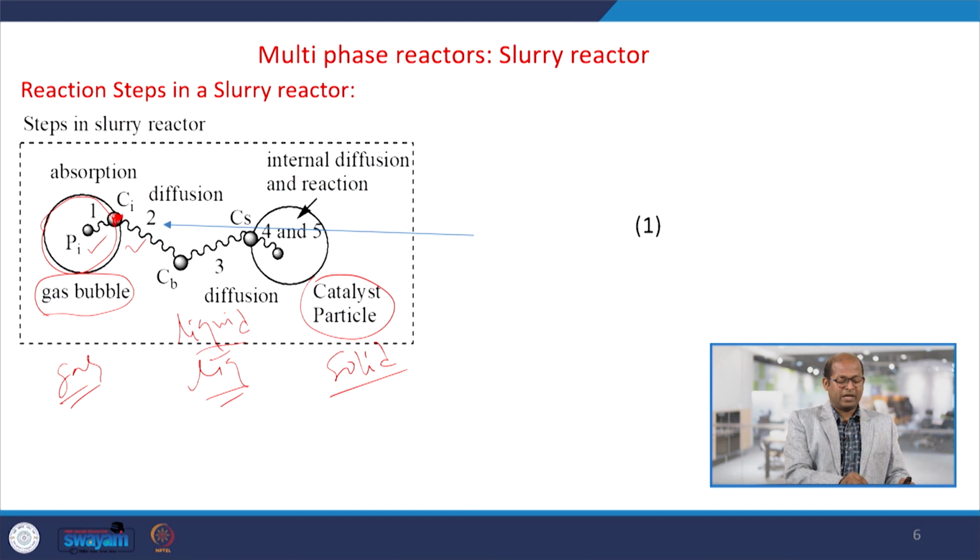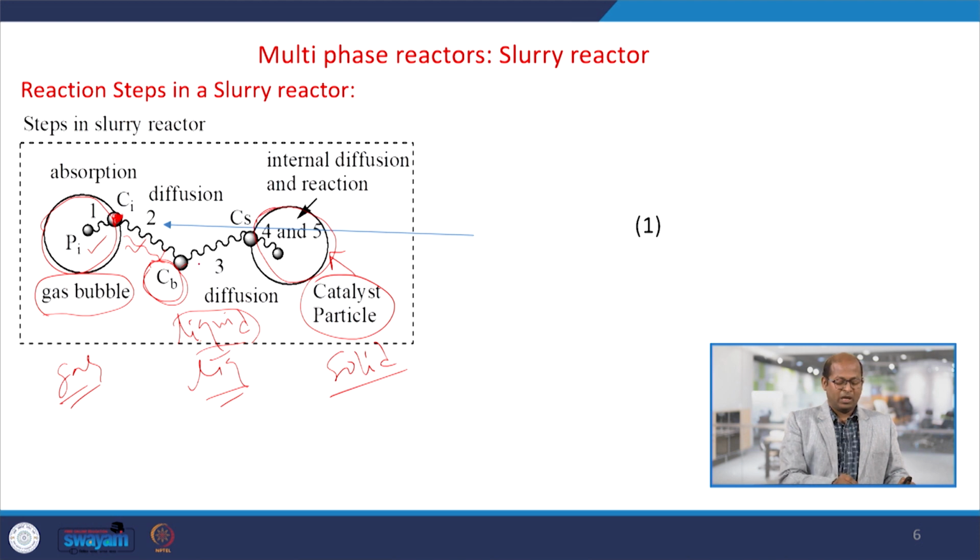Once it is absorbed at the gas-liquid interface, it would diffuse into the liquid bulk. In the liquid, the component gas that gets absorbed by diffusion or mass transfer gives the bulk concentration of component A, that is the hydrogen. So this is the bulk concentration. After that, this is the solid catalyst, solid particles, which we are considering in spherical form.